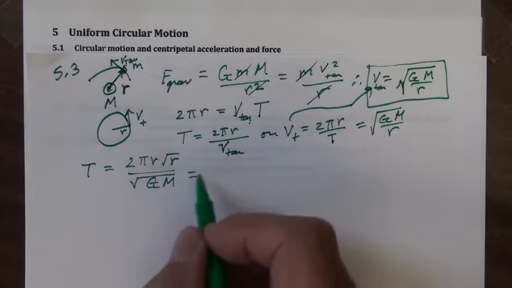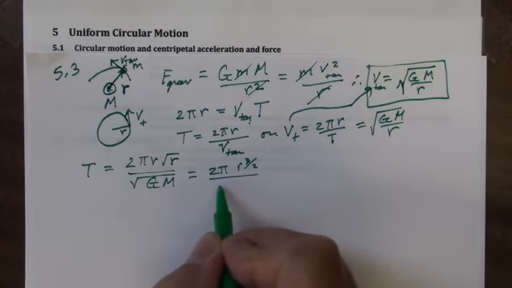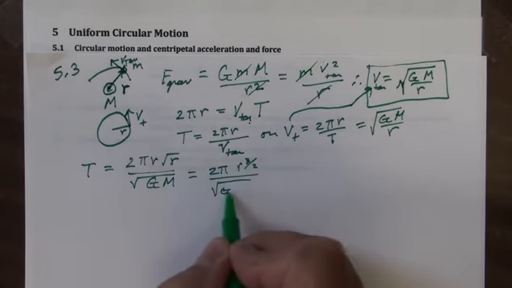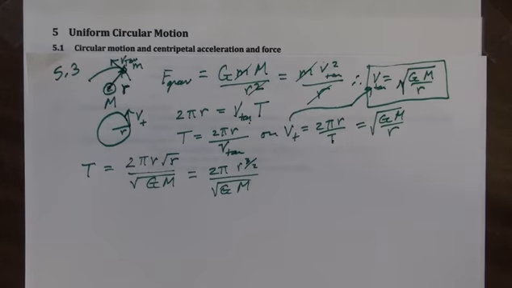So this is 2 pi r to the 3/2 over the square root of G times M. And that would give us the period for the rotation.